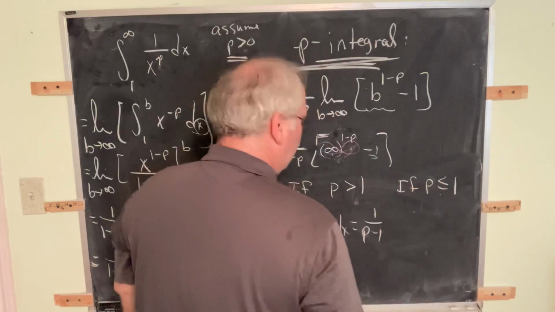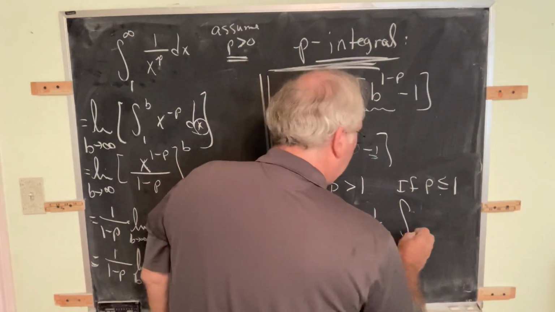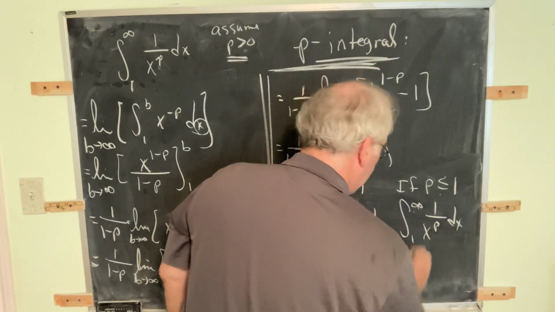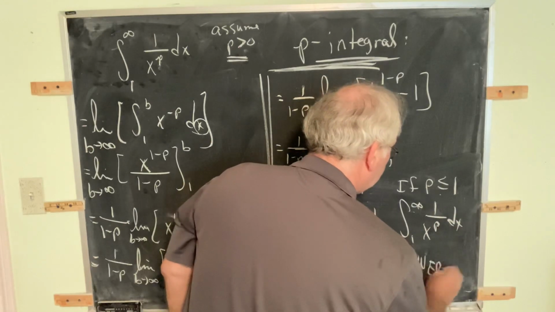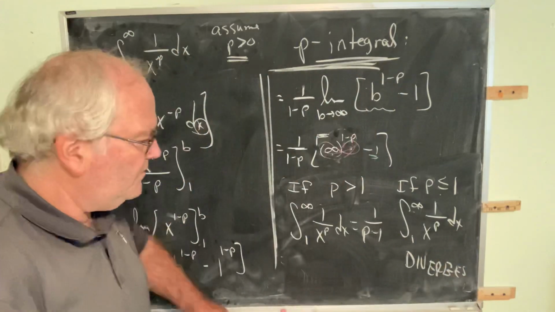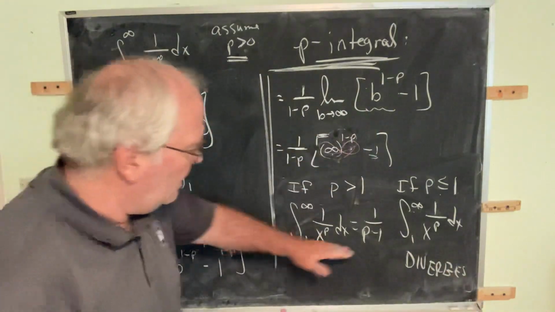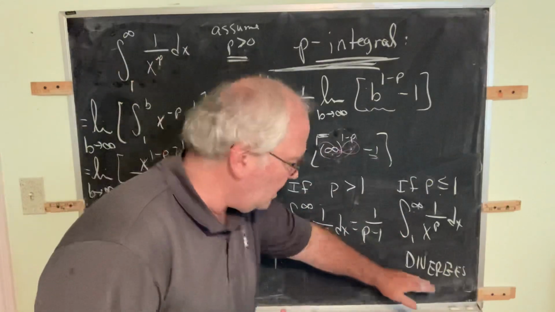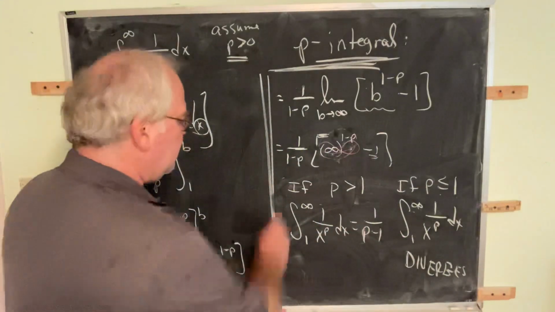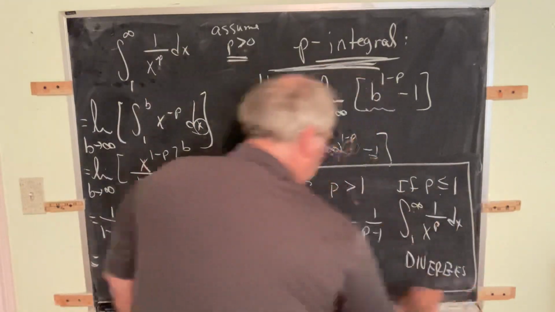If P is less than or equal to 1, then the integral from 1 to infinity of 1 over x raised to the p dx diverges. All right. And so if p is bigger than 1, that's the value. If p is less than 1, the integral diverges. This is the part that you need to know.